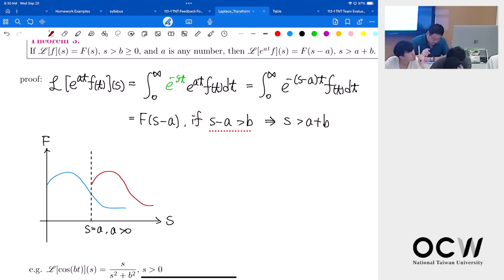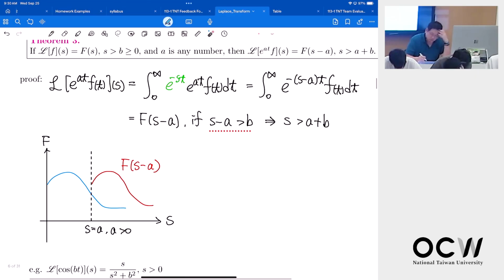This red curve is a shift of your blue curve by a units. So if in your time domain you multiply by e to the at, then you will shift by a units in the s domain.